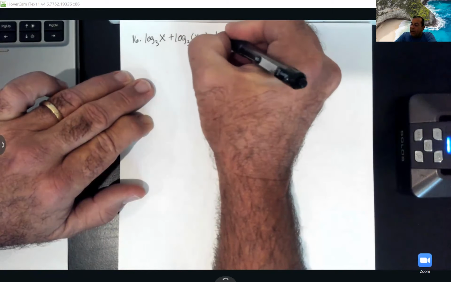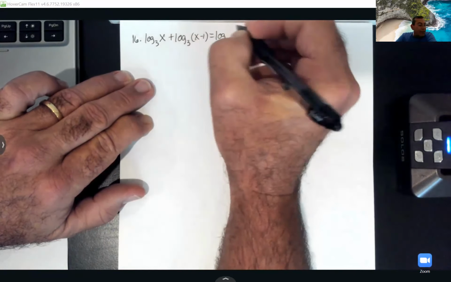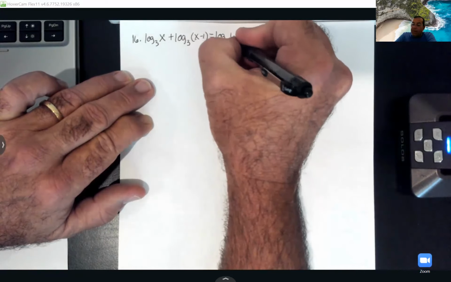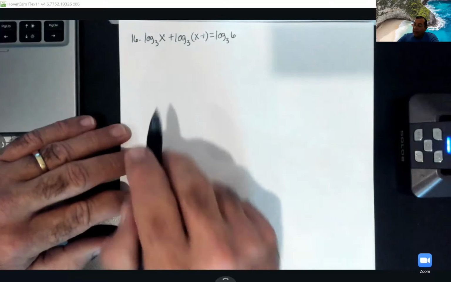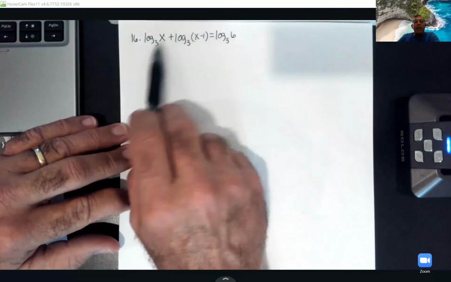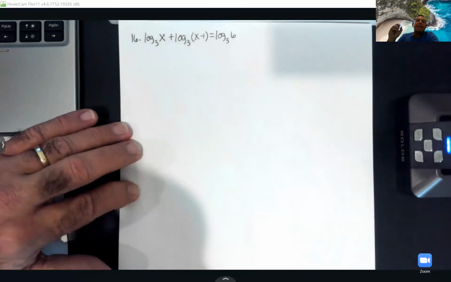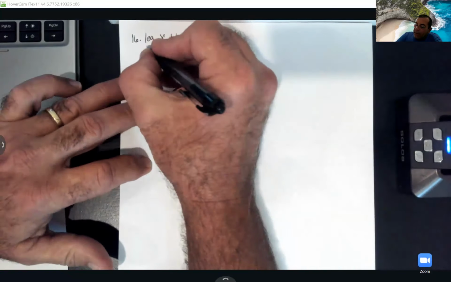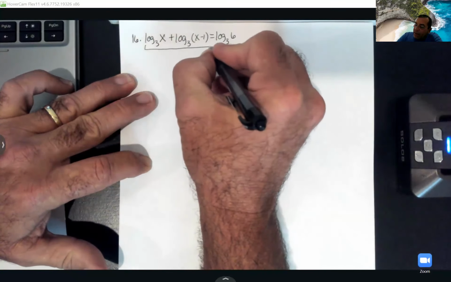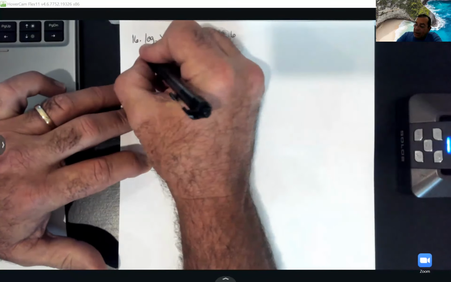That's going to equal a log 3 of 6. So look here, I got logs everywhere. I got logs on both sides. So eventually, I'm hoping to get this to a log base equals a log base over here. So the first thing, rewrite that left side as a single log.